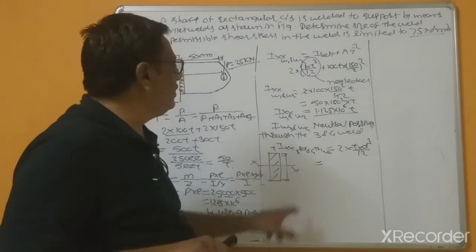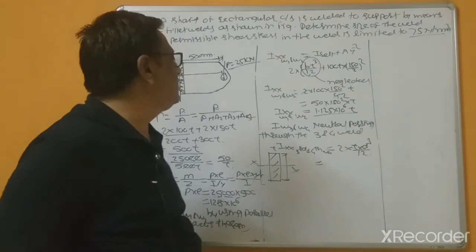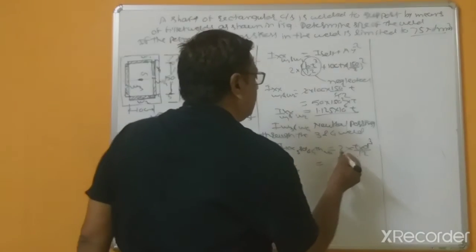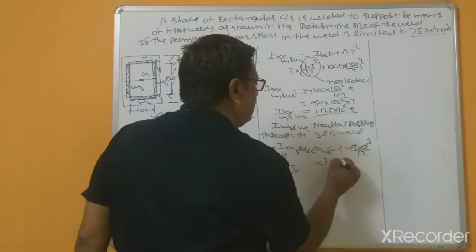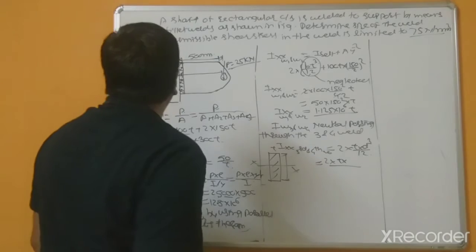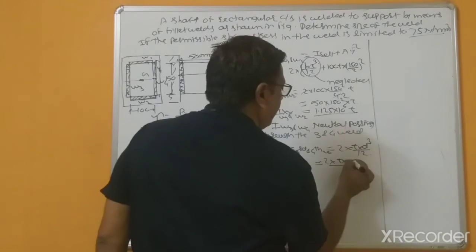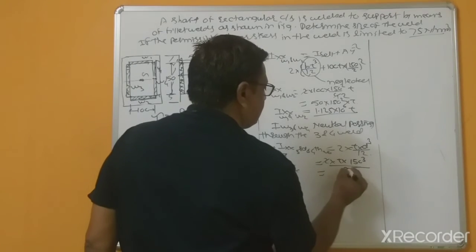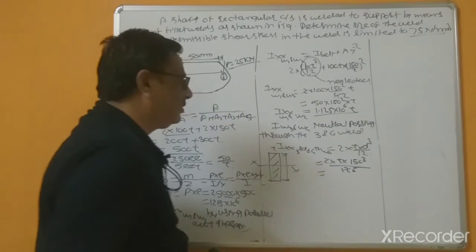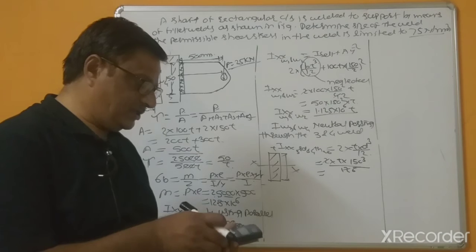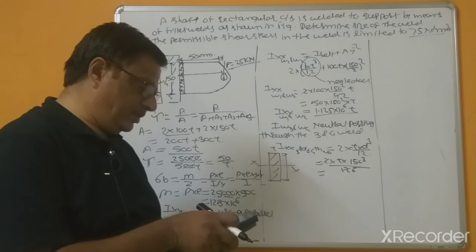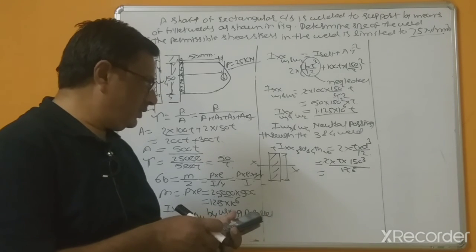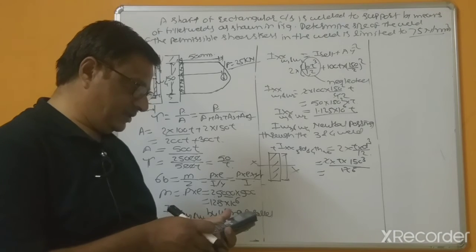We already considered this in the last problems also. This is 2 into T, D, equal to 150 cube divided by 12, and this is 6. That's why we can consider 150 cube divided by 6.